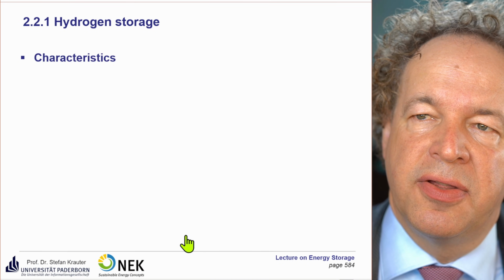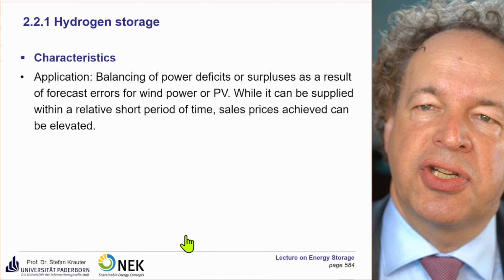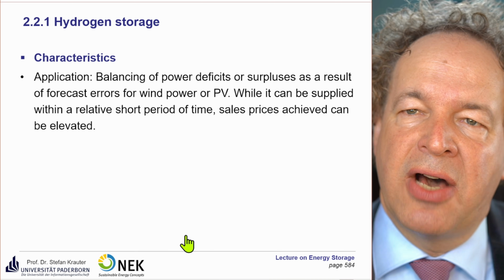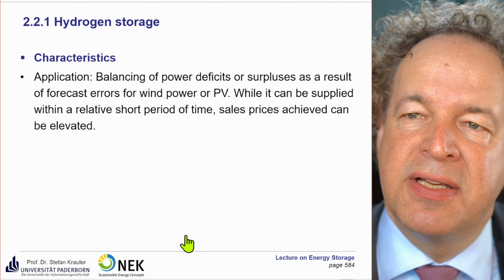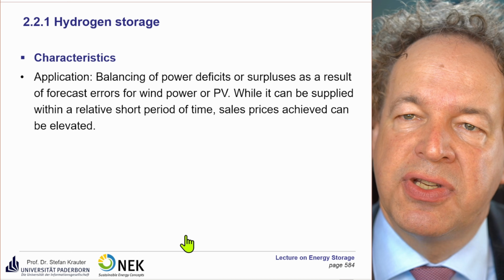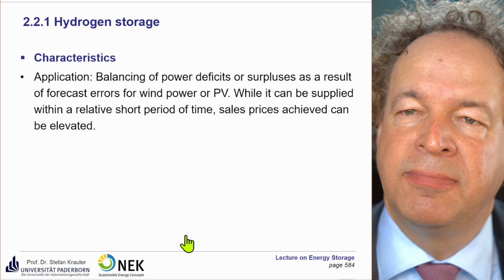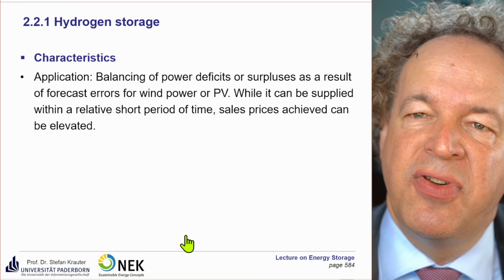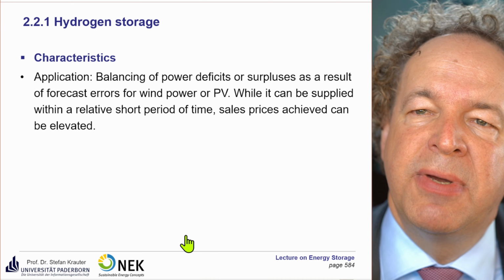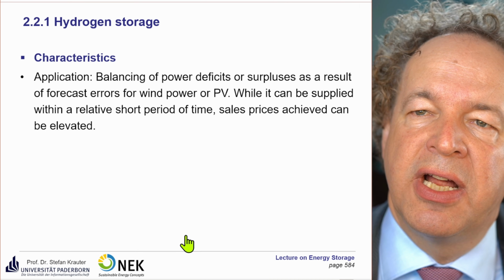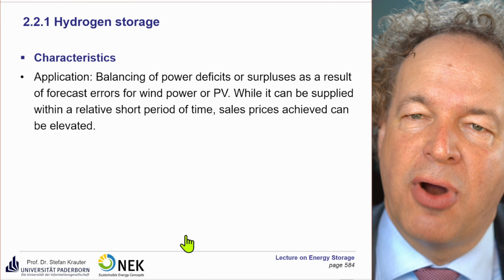Hydrogen storage, the characteristics and the application. We want to balance out power deficits or surpluses as a result of forecast errors for wind or solar power, while it can be supplied within a relatively short period of time, so we can achieve quite high sales prices.